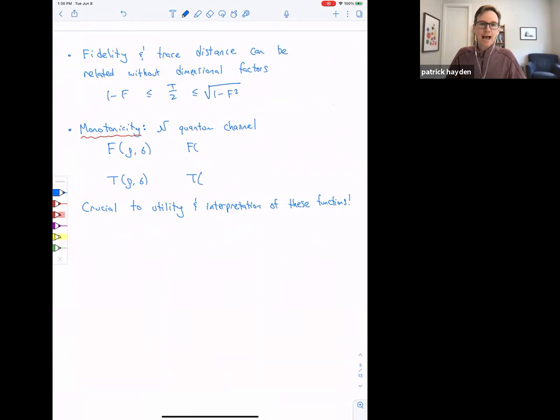And now the last really important property that we alluded to earlier is this monotonicity property that applies to both the fidelity and the trace distance. If I had the fidelity of two density operators rho and sigma, I could compare it to the fidelity between rho and sigma after they've both gone through some quantum channel.